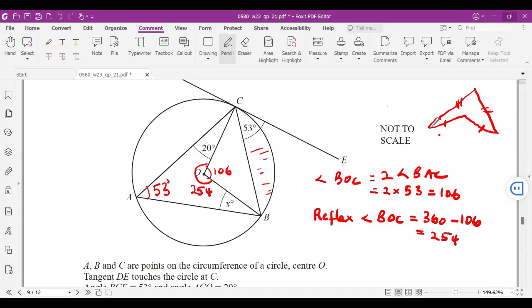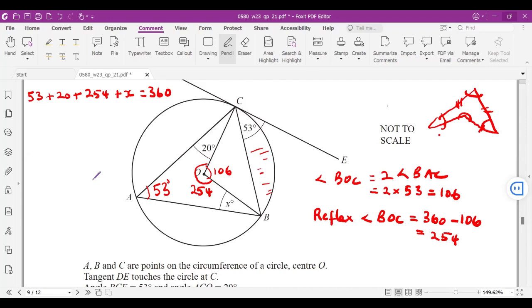Now, when we add all the 4 angles, that is 1, 2, 3, 4, and we equate it to 360 degrees, it means that 53 plus 20 plus 254 plus X equals 360 degrees.